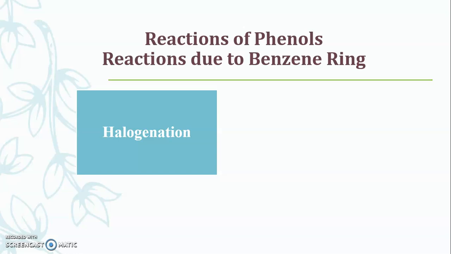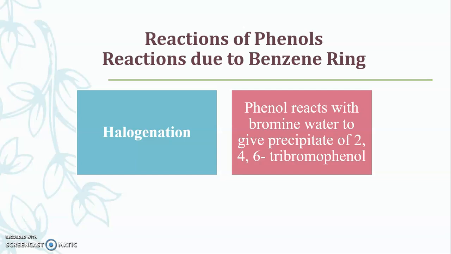So phenol is also capable of giving halogenation as a positive reaction. Now phenol reacts with bromine water to give the precipitate of 2,4,6 tribromophenol. So when phenol is reacted with the bromine water, it gives the precipitate of 2,4,6 tribromophenol.